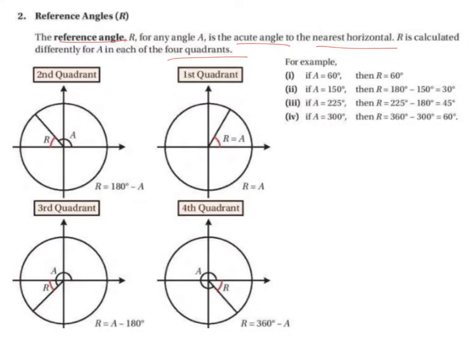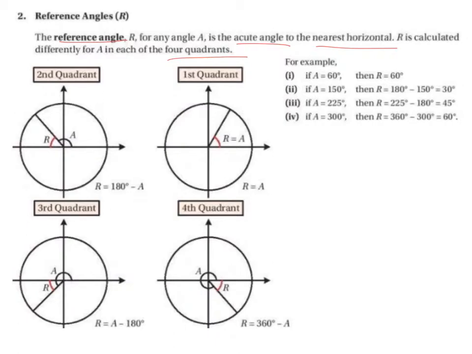For example, let's start with quadrant 1. If we're trying to work out the reference angle for an angle inside the first quadrant, so for example 60 degrees is between 0 and 90 degrees, then the reference angle is just equal to that angle itself. So in the first quadrant, the reference angle is equal to the angle itself.